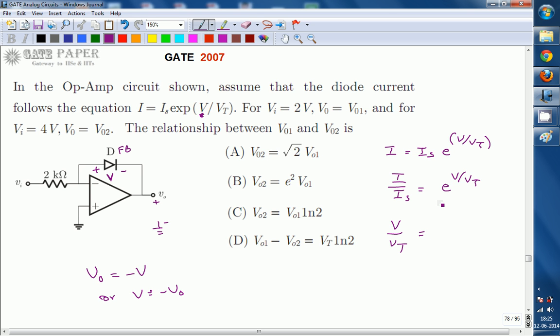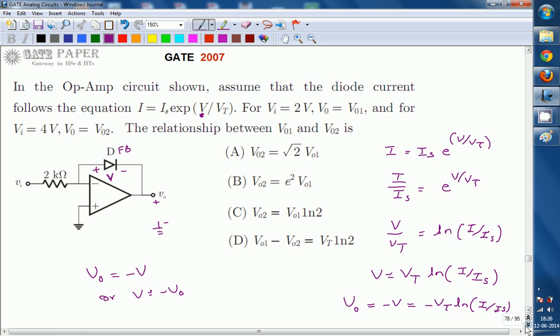So V by Vt is equal to natural logarithm of I by Is, so V is equal to Vt natural logarithm of I by Is. Since V0 is equal to minus V, V0 is equal to minus Vt natural logarithm of I by Is. This is the equation we are going to use to get the relation between V01 and V02.